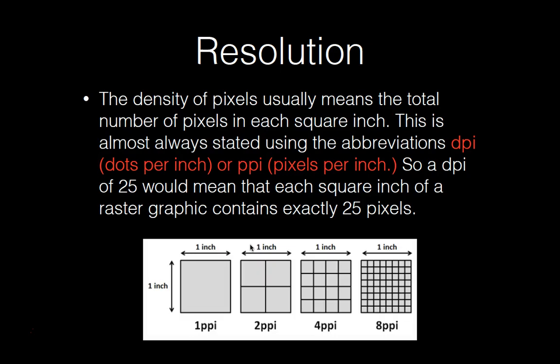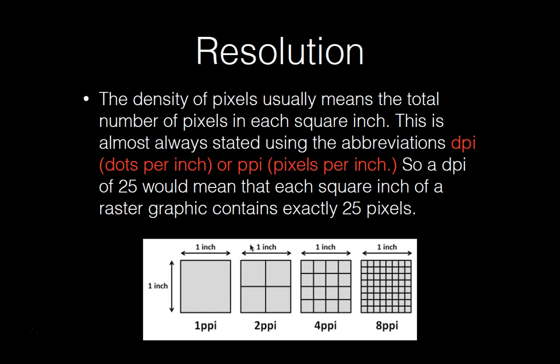Another way is when they talk about DPI or PPI. We are only going to be working in 300 PPI. PPI is pixels per inch, when we're referencing something digital, and DPI is dots per inch, which is when we reference something printed. A lot of times people use the terms interchangeably. I'm going to try my best to refer to anything digital as PPI.